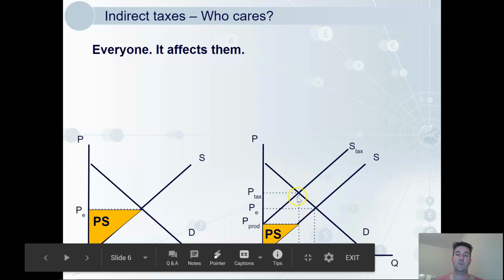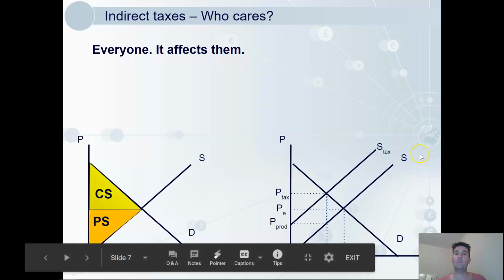That vertical distance between the curves is the amount of the tax, and that's what they have to give to the government. So they don't get to keep that. So they're not better off from that high price. So producers are much worse off. They receive a lower price and they sell fewer. So we can see the quantity has shrunk as well.